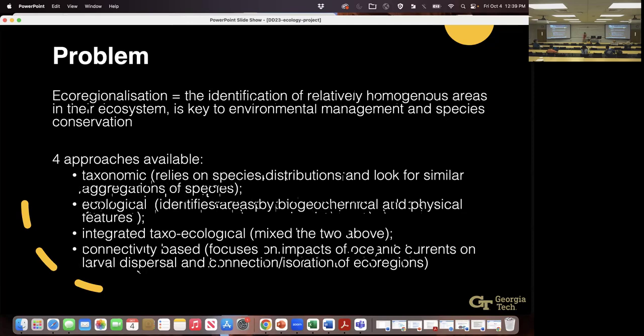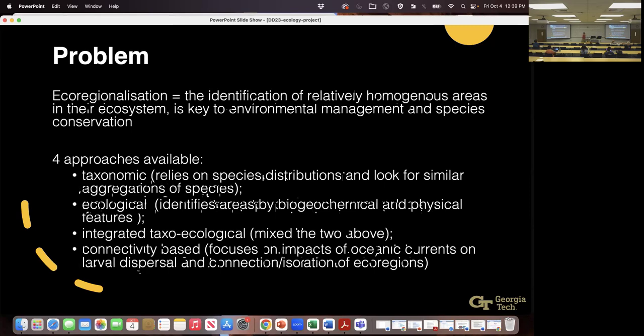The last one is connectivity based and essentially looks at the impact of oceanic currents on larval dispersal. And so figure out how things may be related by physics, because at the end of the game, we know at this point from genetic analysis that physics seems to be key in how things get distributed.